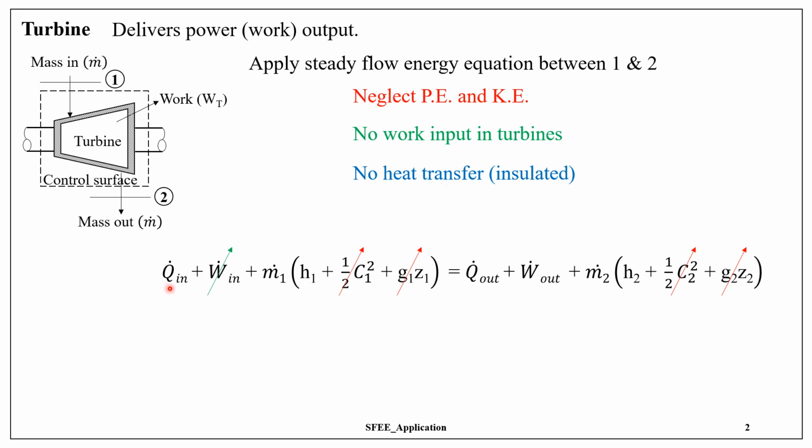Therefore, Q dot in and Q dot out are cancelled. So what is remaining? M1 dot H1 is equal to W dot out plus M2 dot H2. And of course, M1 is equal to M2, which is equal to M dot, because turbine is a steady flow device.